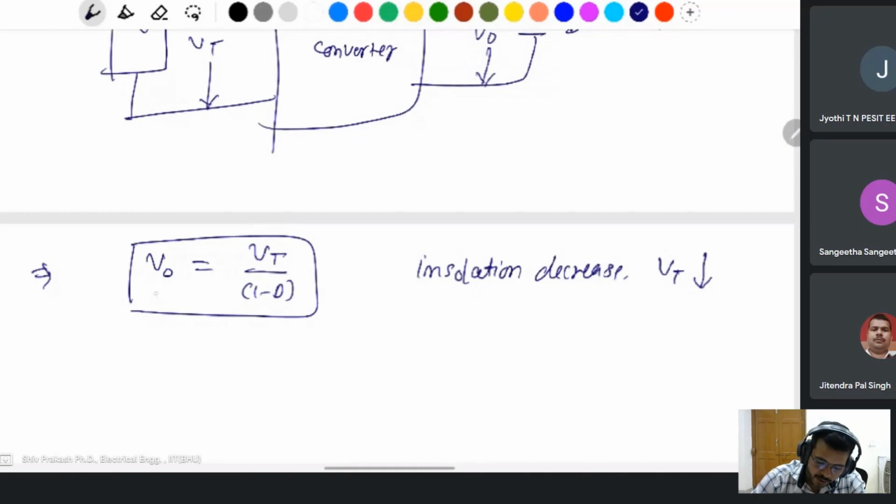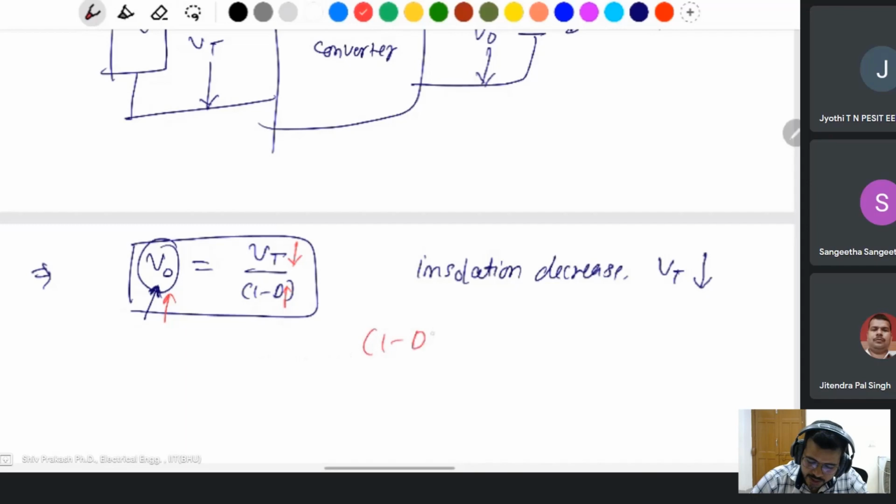Then to maintain a constant output voltage, the output voltage will be constant. In terms of duty cycle, this will be reduced because of the insolation. Then you should increase the duty cycle to maintain the output voltage.